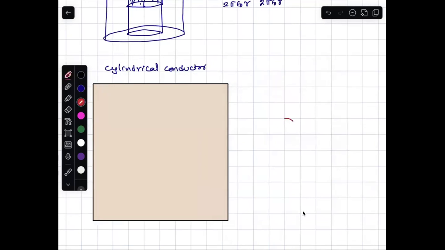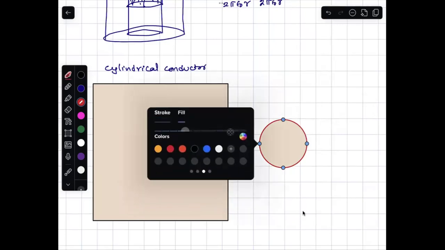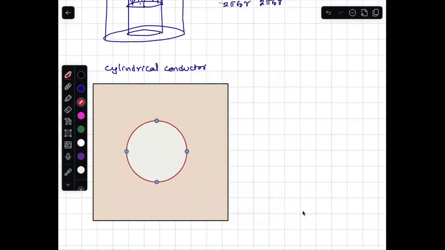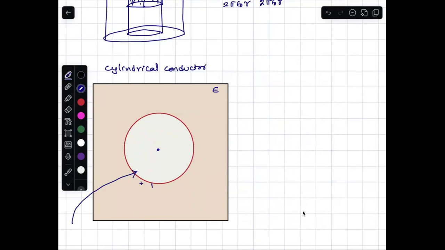In this, what you are seeing outside is a medium of permittivity epsilon or dielectric constant K. Now, what you are seeing is a cylindrical conductor which is having some charge.